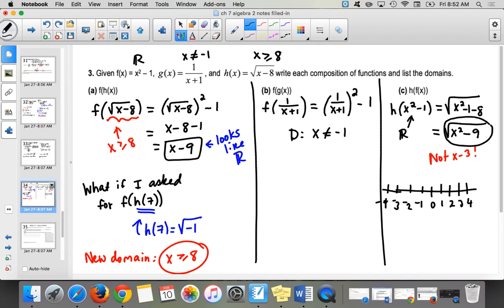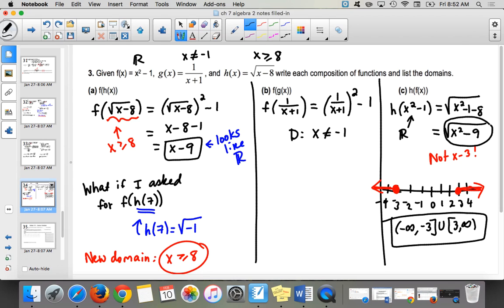No. Negative 2? No. Negative 3? Negative 3 works, right? Negative 3 squared is 9 minus 9. Yep, so it's everything this way and everything this way. All right, so we have negative infinity to negative 3, bracket, union, bracket, 3 to infinity. That's the final domain.